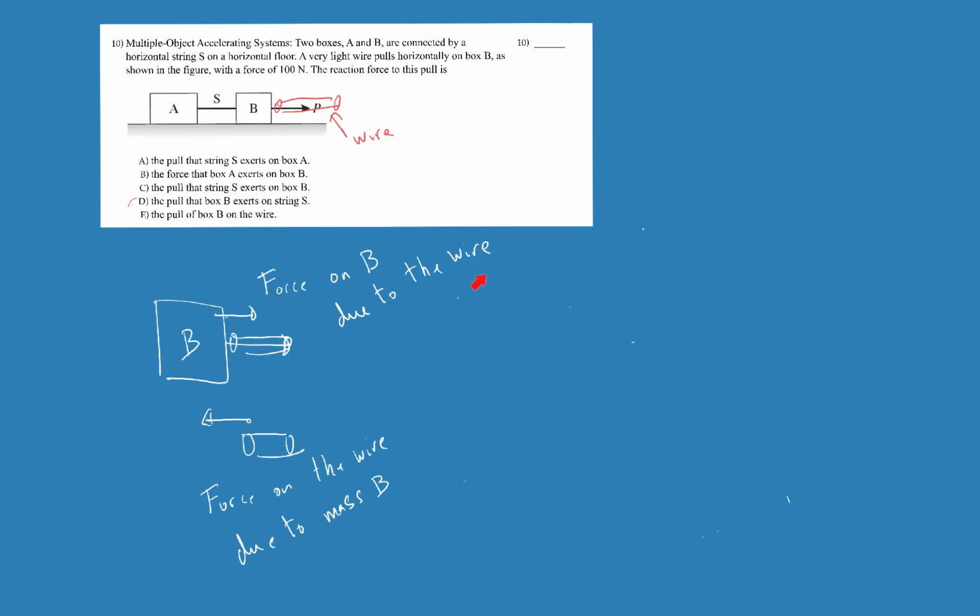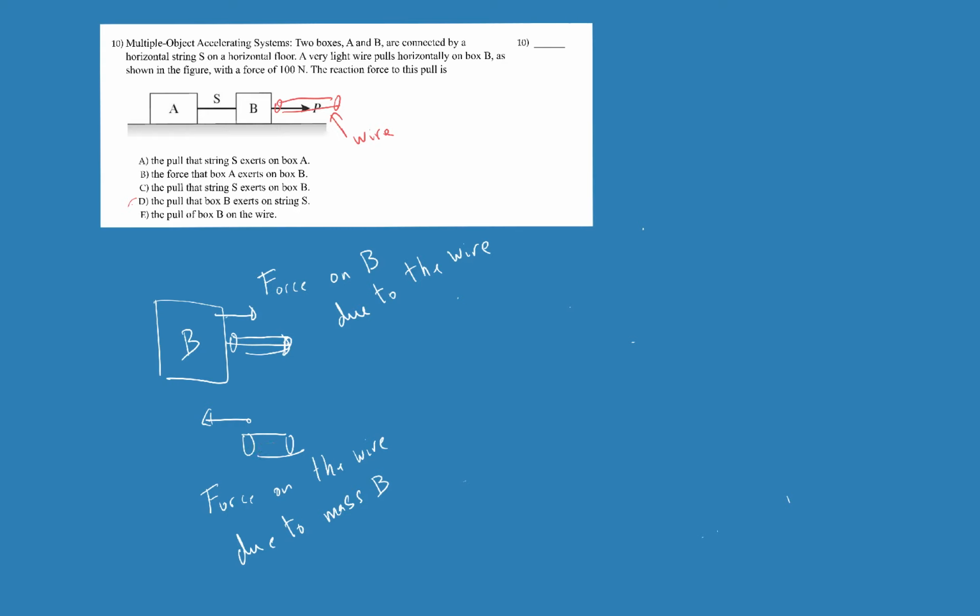What is the reaction? The reaction is the force on the wire due to the object B. So the action is the 100 newtons going to the right, and the 100 newtons going to the left is applied to the wire.